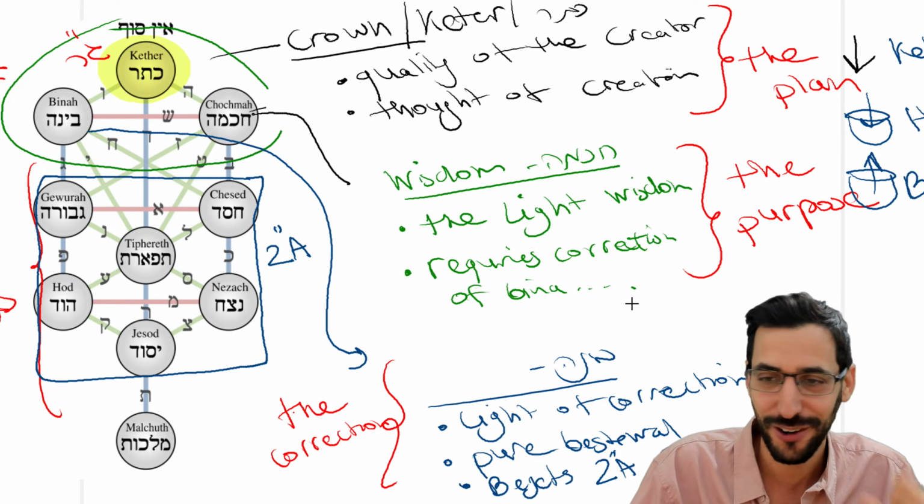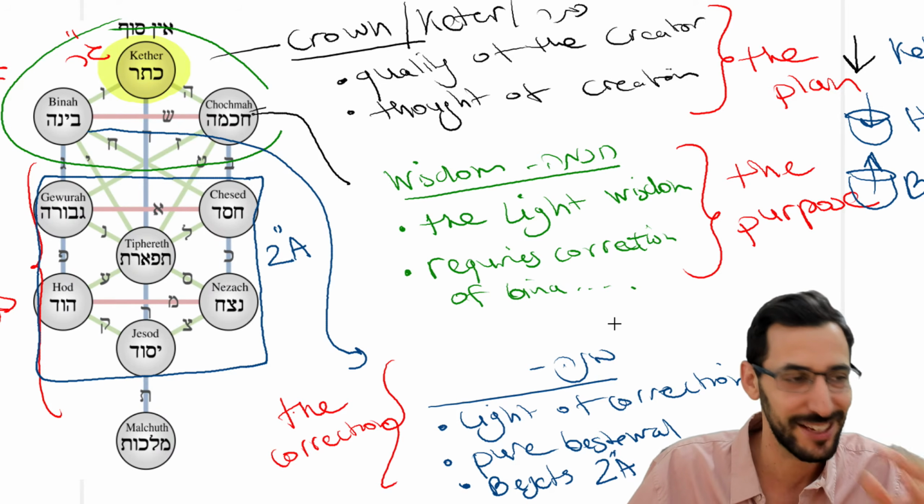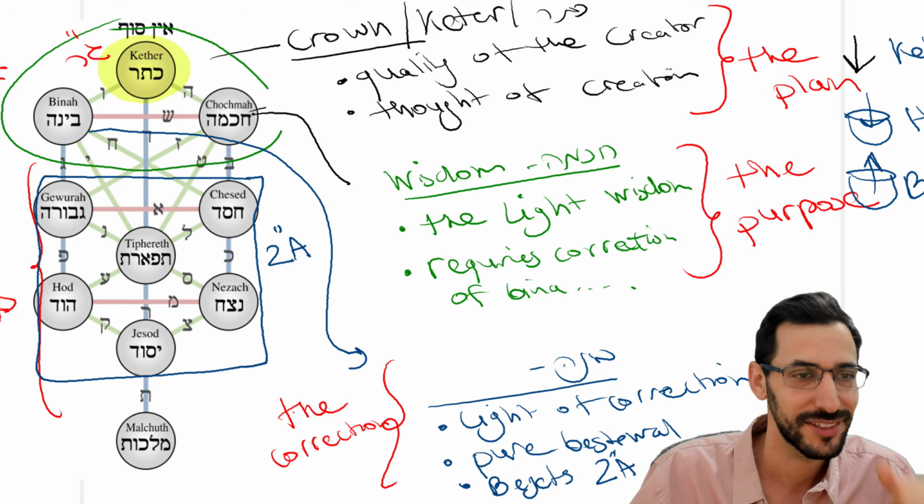Okay, so that was Keter, Hochma, and Bina. 3 down, 7 to go. Let's see if we have any urgent questions. I see that there are already a lot of questions accumulating.